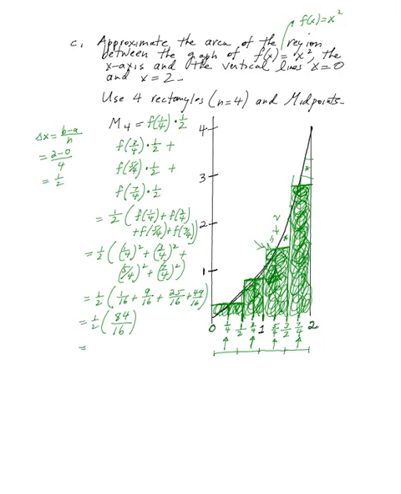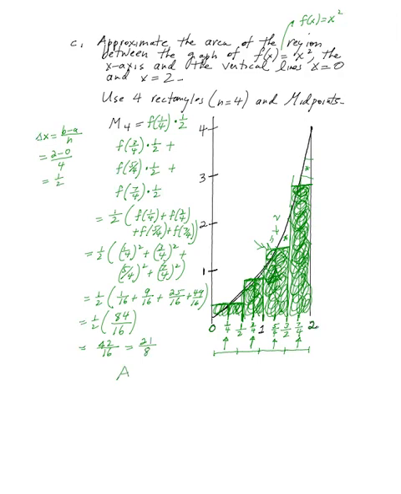Okay, so a half of 84 is 42, right? But this fraction will still reduce. That's 21 over 8. Okay? So M4, the Riemann sum using 4 rectangles and midpoints, is 21 over 8.